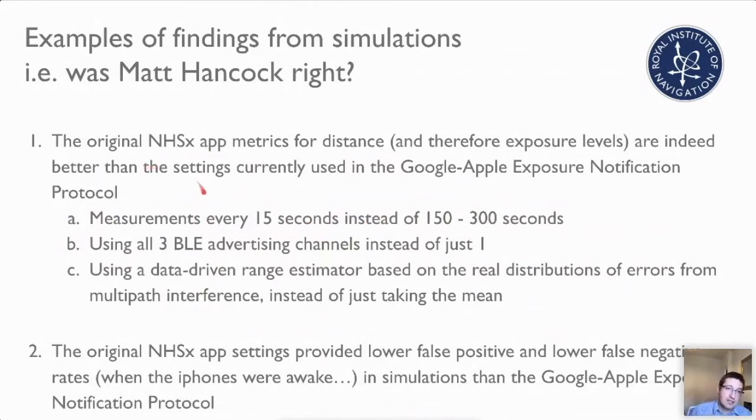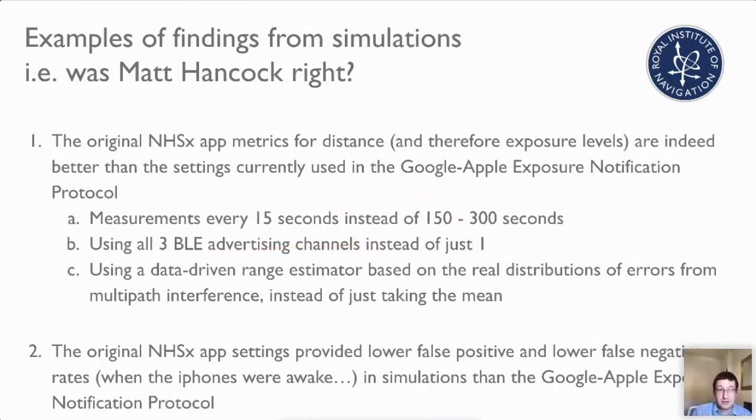Because the original NHSX app was using the traditional Bluetooth API calls, it automatically was randomly getting values across all 3 Bluetooth advertising channels. And the reason there are 3 is because that's the inherent multipath mitigation capability of Bluetooth. At the moment, the Google Apple Exposure Notification only uses 1 channel. It just takes readings on channel 37.